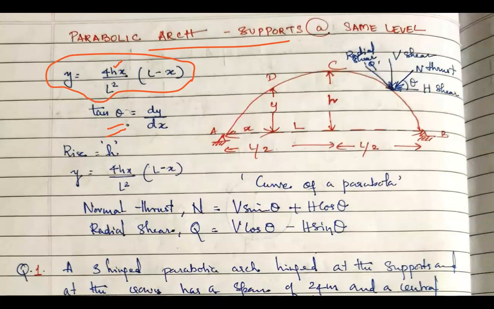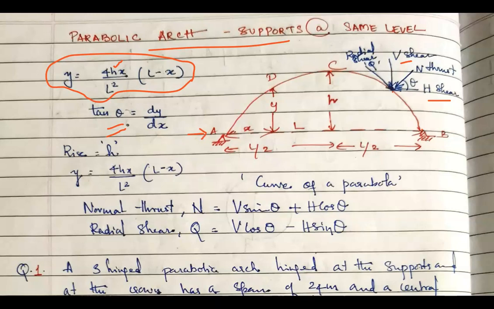Another important thing for an arch is, you consider any point on an arch, as in this figure. You have vertical shear and horizontal shear. Why? Because this arch, I have told you in the beginning, has a horizontal inward reaction.